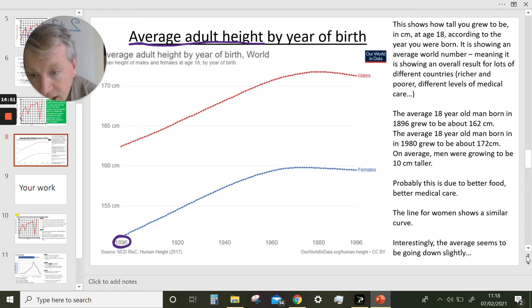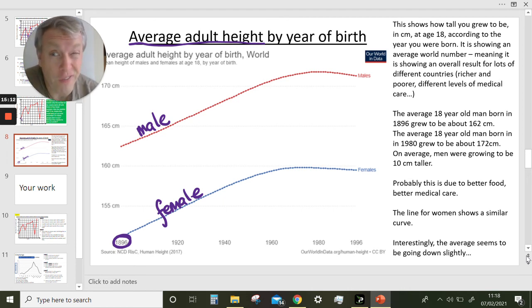And so that's the red line, and this blue line is how tall did you get to be if you're a woman. And this is the world height. So it actually covers a lot of different countries. Okay, so if you were born in 1896 and you were a man, you grew to be perhaps about 162 to 163 centimetres tall.